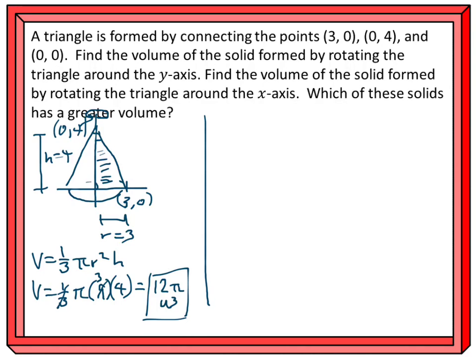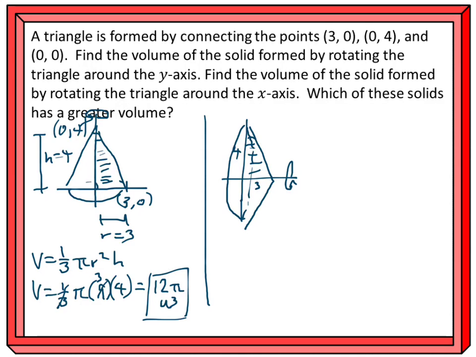Now let's do the same thing, except around the x-axis. So same kind of triangle here. I'll shortcut this a little bit, because we know that this part is 3, this part is 4. This time we're going to go around the x-axis, and our cone is going to be generated this way.